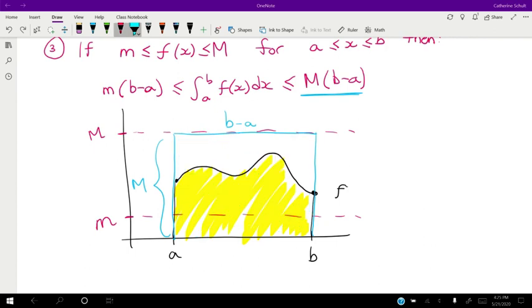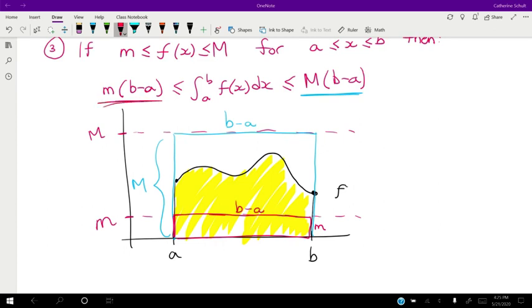All right, and then we have our small rectangle right here, whose height is m, and again, whose base is b minus a. And it's definitely smaller than our yellow region because it was smaller than the function. And again, that area of the rectangle is m times b minus a.